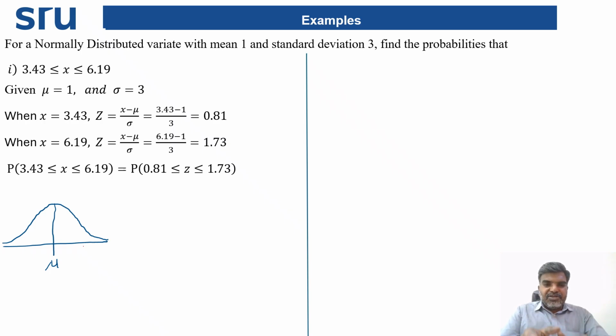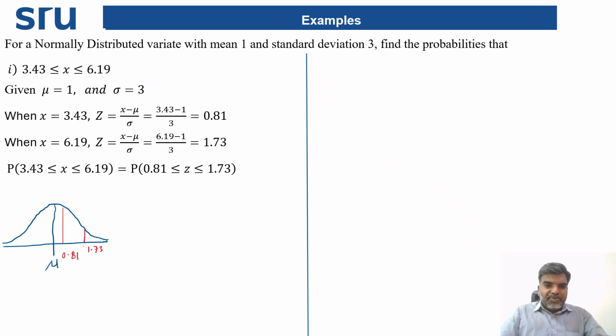If z values are positive, then you have to mark z values right to the mean line. If z values are negative, you have to mark the z values left to the mean line. So here z value is 0.81, 1.73, both are positive, so we have to mark on the right side. You can see 0.81 and 1.73.